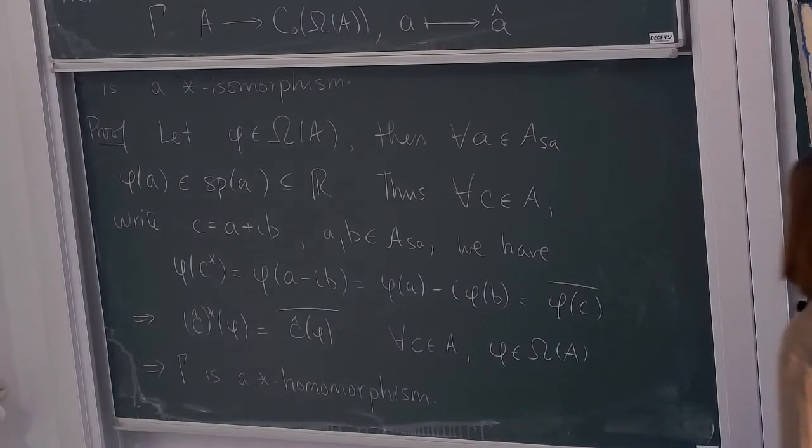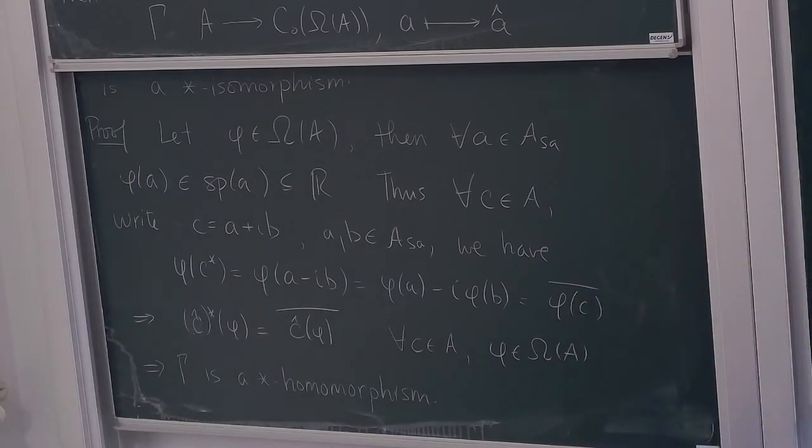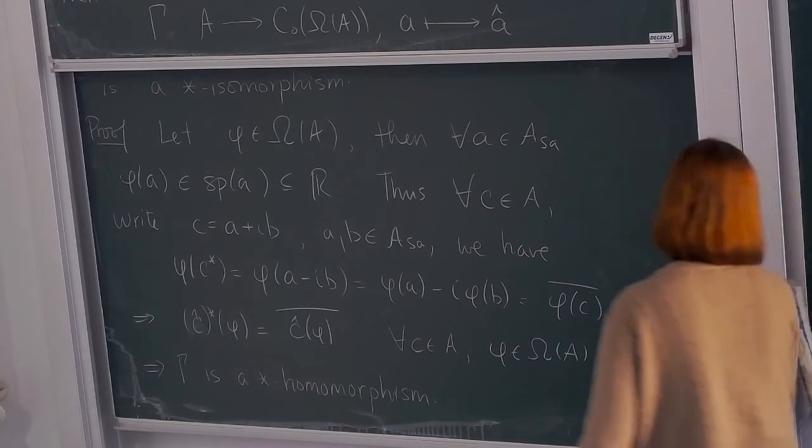Since it's isometric, that will imply that it has to be injective. And then surjectivity will give us that it's actually a star isomorphism.